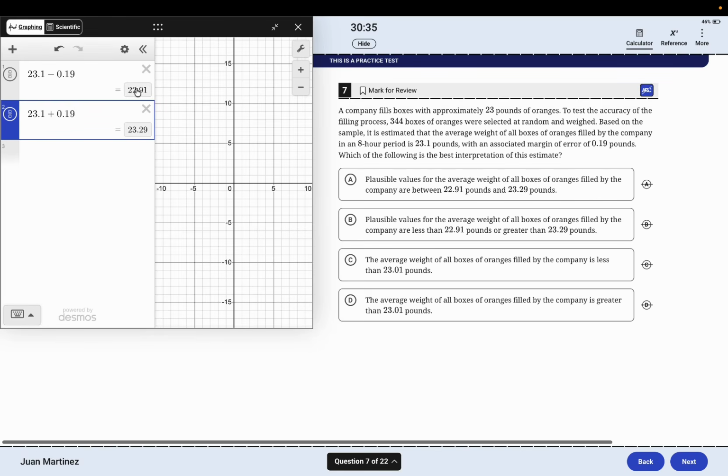The actual average is between 22.91 and 23.29. So that's all you need to know for margin of error. It's always going to be the one that says between these sets of values. So it's A, because it says it's between two sets of values. This one just says it's less than or greater than. No, it's not going to be that. And these ones don't even mention that. So it's just going to be A. This one should be pretty easy. Margin of error is just between two numbers.